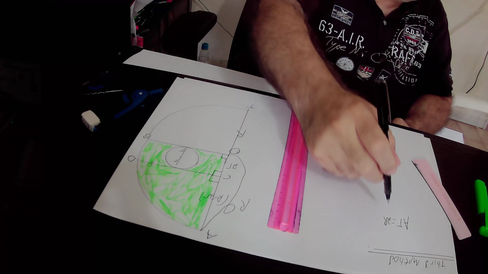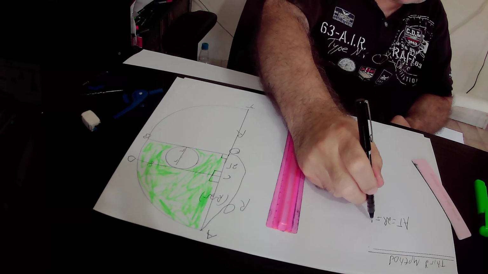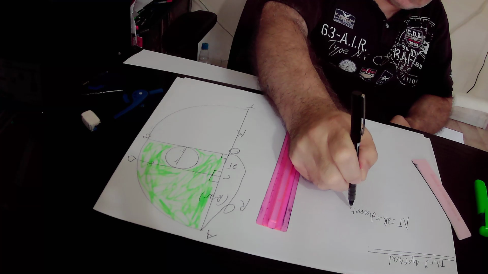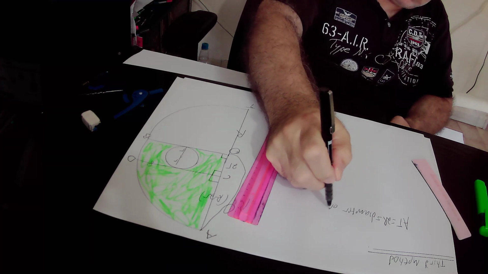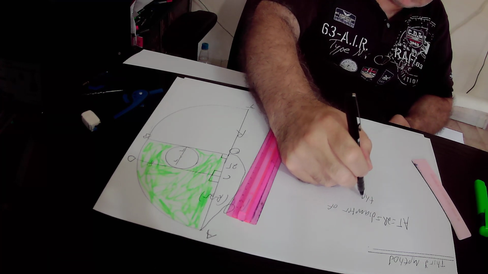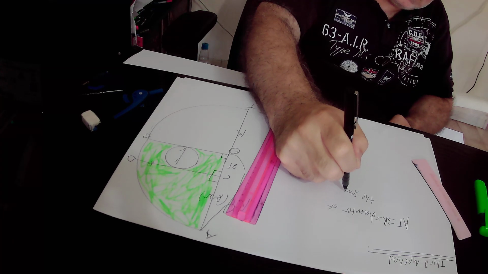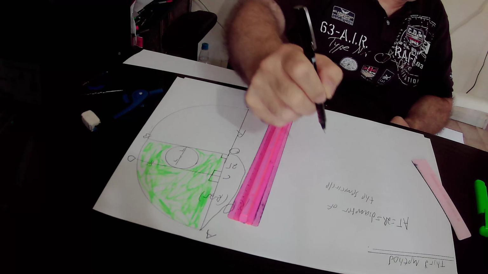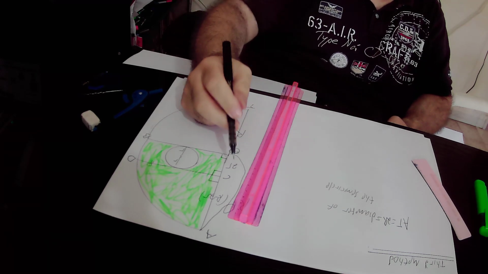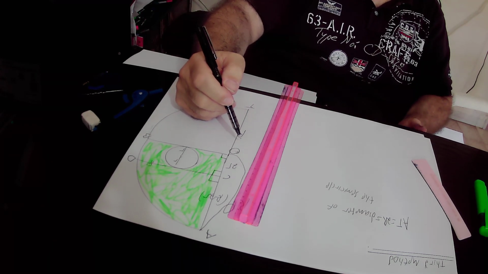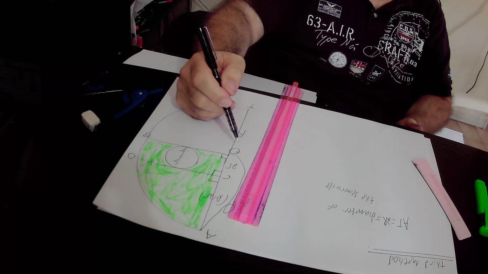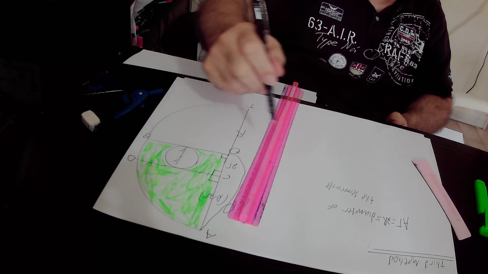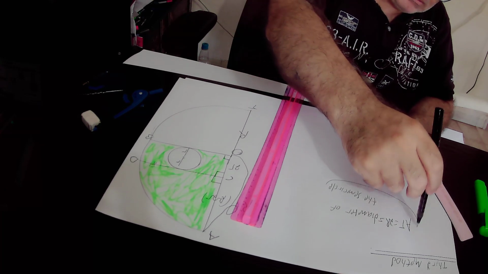Therefore, AT must be the diameter of the semicircle, because any chord that passes through the center of the semicircle and is equal to 2 times capital R must be the diameter of the semicircle. So AT is the diameter of the semicircle.